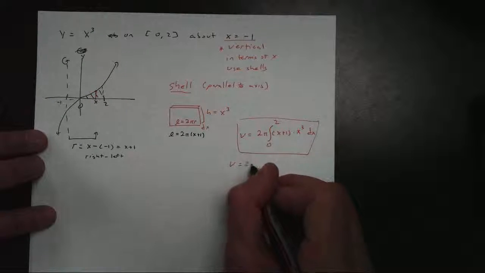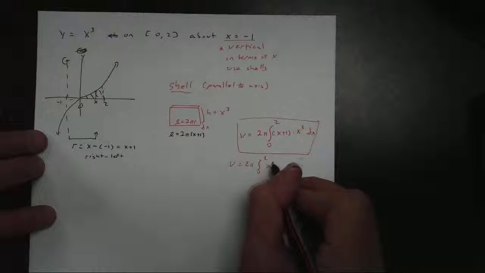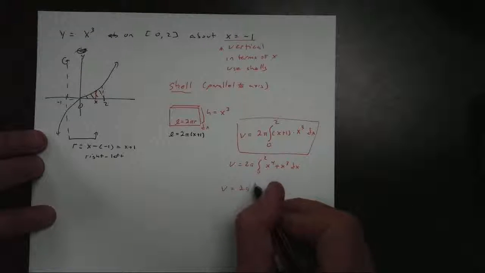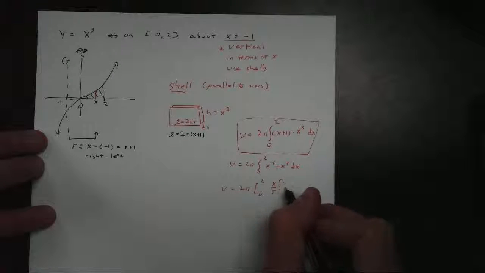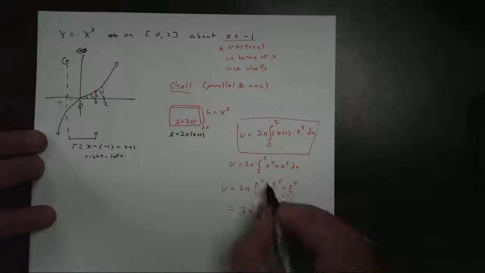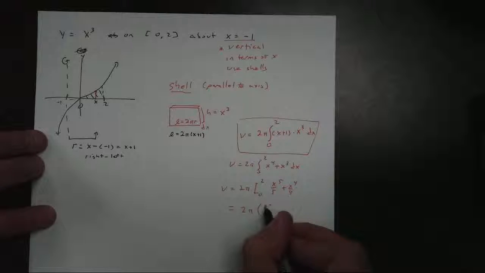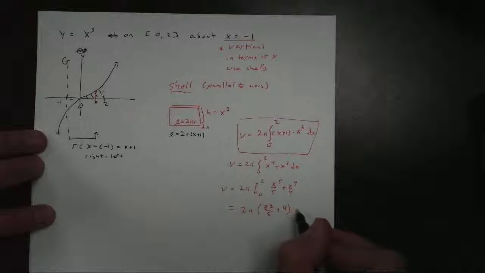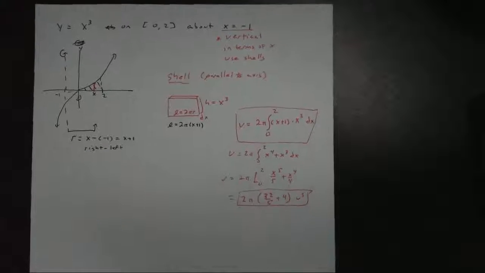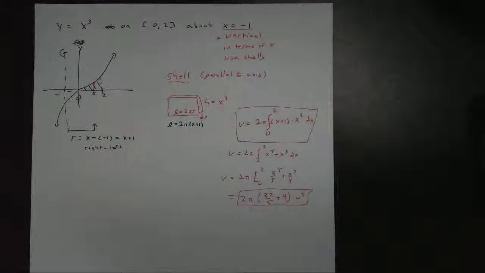We can get V equals 2 pi, integral from 0 to 2 of x to the 4th plus x cubed dx. 2 pi, integrate 0 to 2, x to the 5th over 5 plus x to the 4th over 4. And we get 2 pi times 32 over 5 plus 16 over 4, which is 4. And don't worry about 0, it just goes to 0, units cubed. I wouldn't even worry about simplifying something like that. So, very easy to do shells.